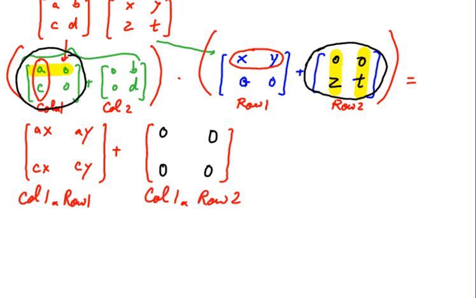Let's try one more time. Who else do I have to multiply? This is just the idea of foiling. So I multiply column 2 matrix times row 1 matrix. Here we are focusing on these two now.